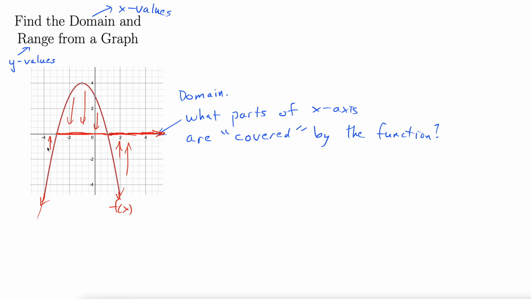If we were to squash this down, this would just keep covering the x-axis, and it would keep going off to infinity. So, what does that tell us? It tells us that for the domain, since this goes out all the way to positive and negative infinity, the domain is negative infinity to infinity, because I'm answering the question of which of these x values are covered by the function.